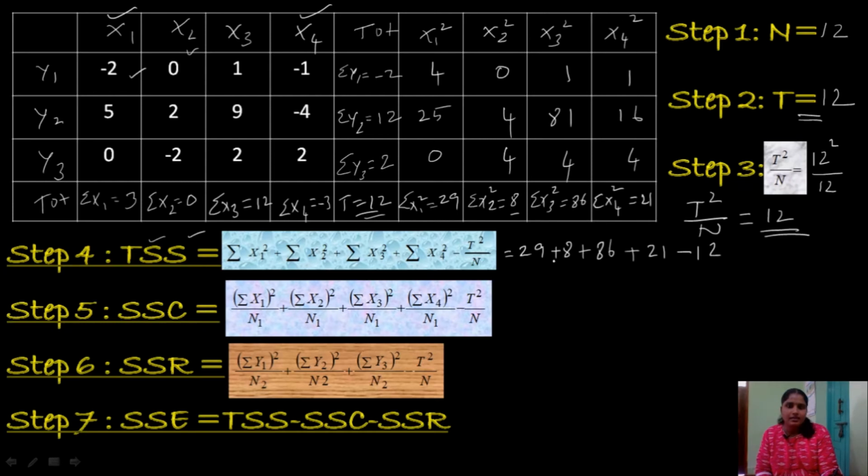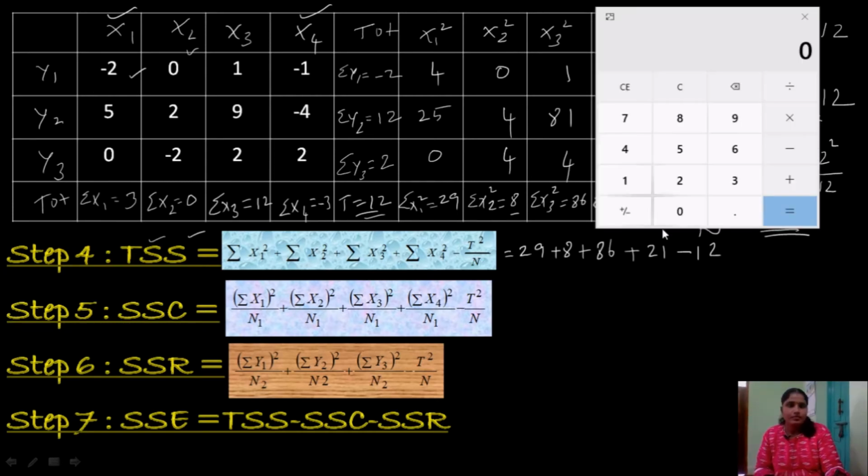Now by adding 29 plus 8 plus 86 plus 21 minus 12, we get the total as 132. So our TSS, that is total sum of squares, is 132.